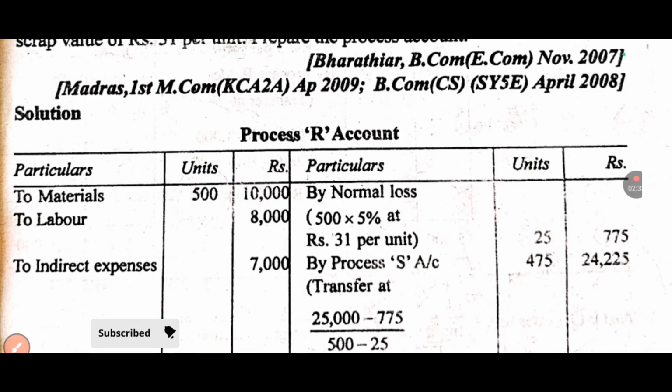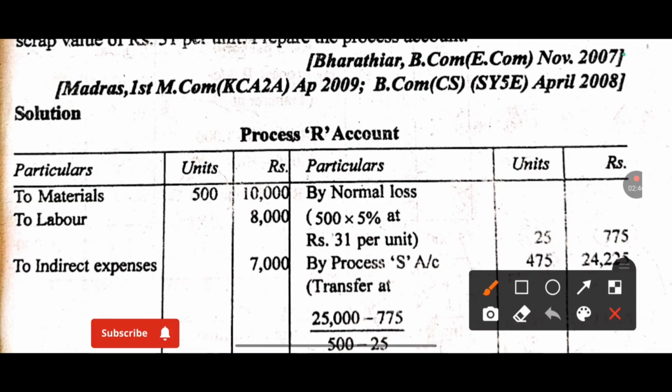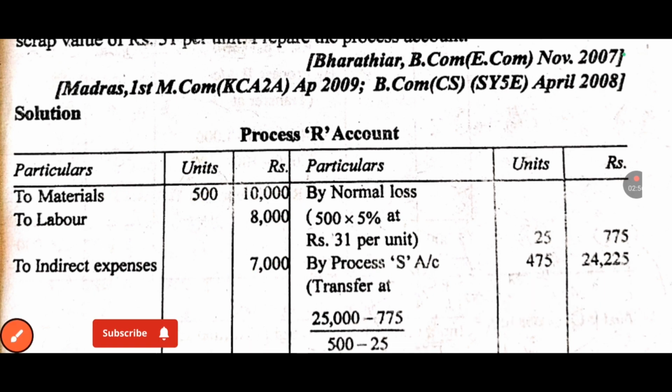What are the items that will appear on debtor side in process account? Input units and input cost will be entered on debtor side. As per that format, the input unit is 500 units. The cost of the material 10,000, cost of the labor 8,000, cost of the indirect expenses 7,000 rupees entered on debtor side.